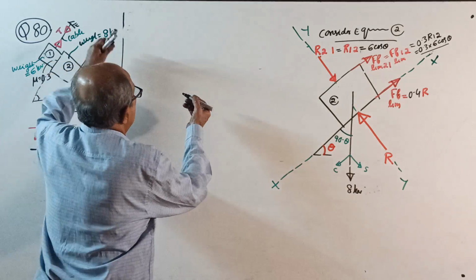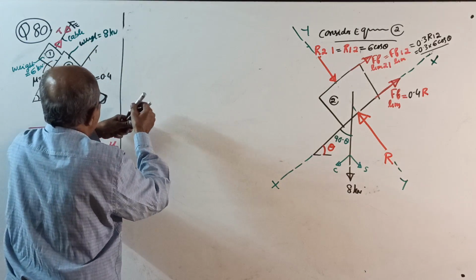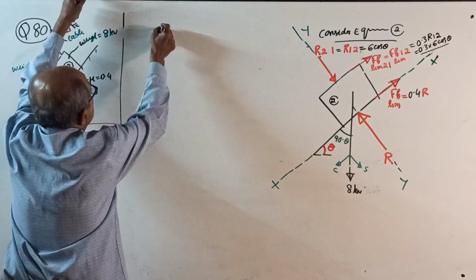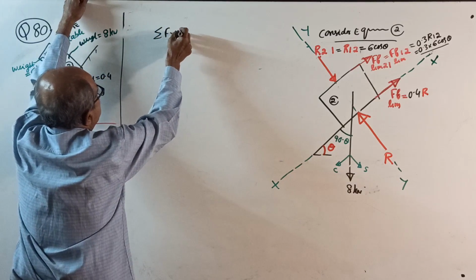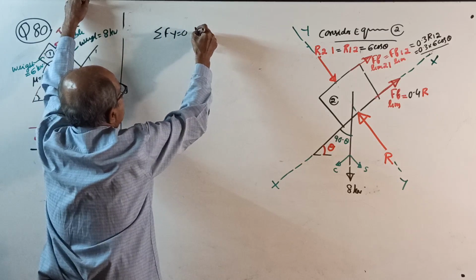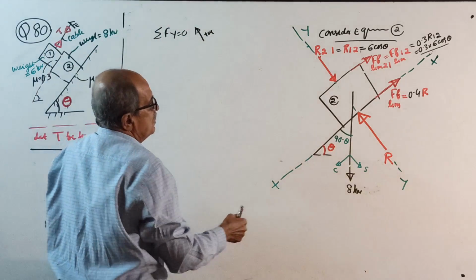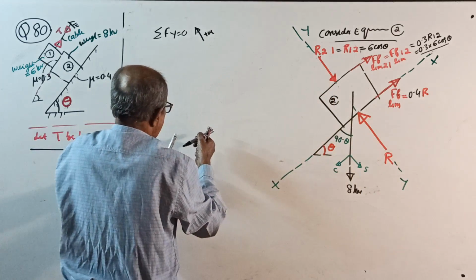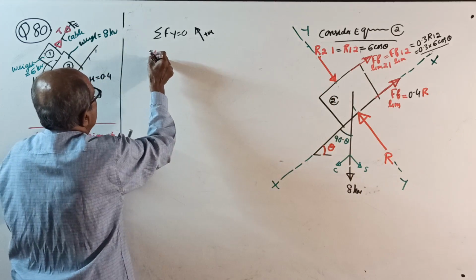Okay, start. Sigma Fy equal to 0, take upward positive. See here.